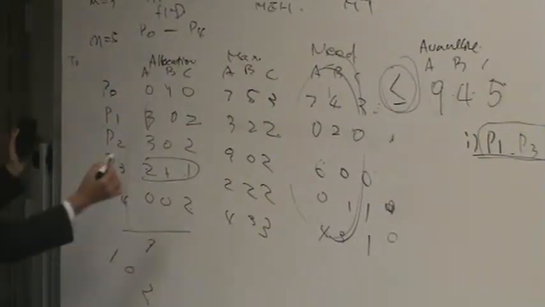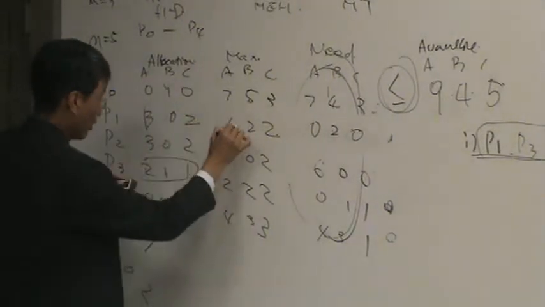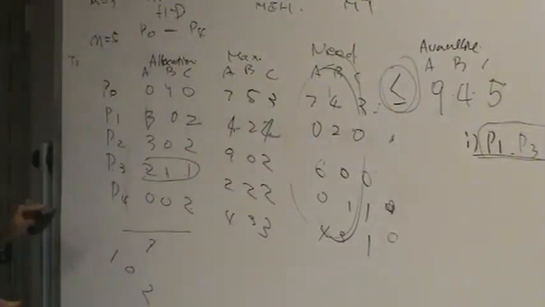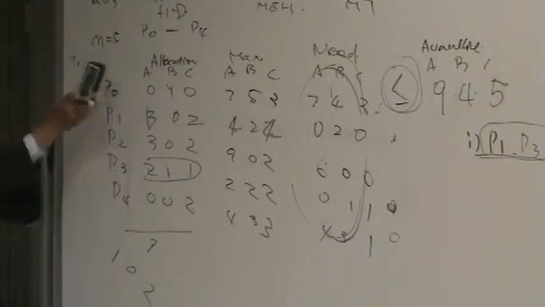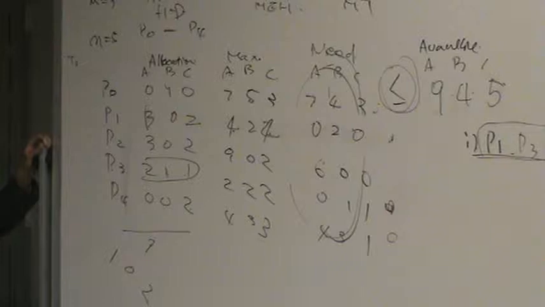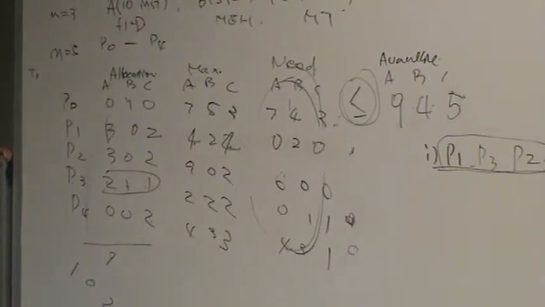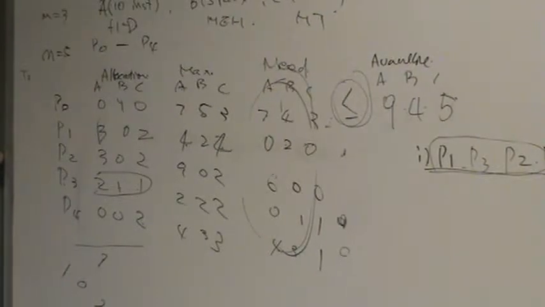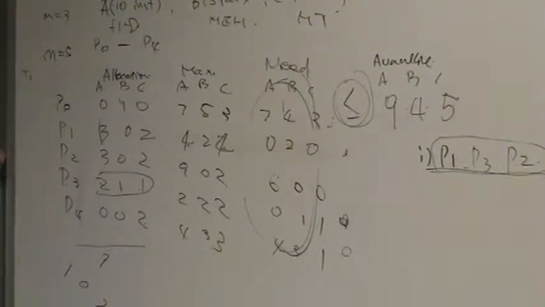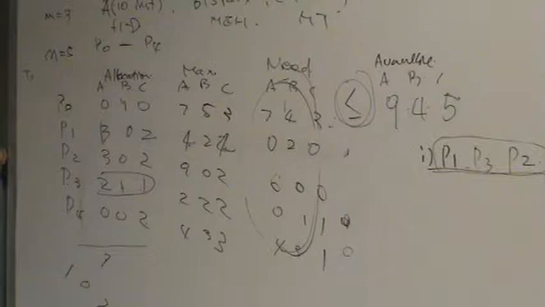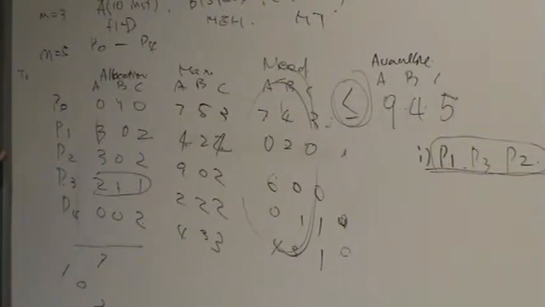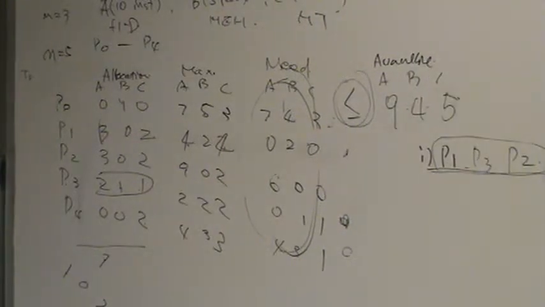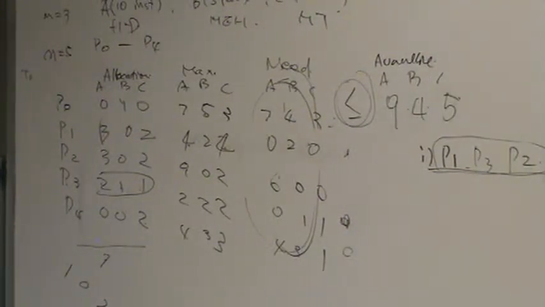Then it needs 1 more A and 2 more C. So using this information, if you can find the sequence of processes that are in the safe state, then you can grant such a request. Can you find such a thing? Then you can follow the same algorithm.